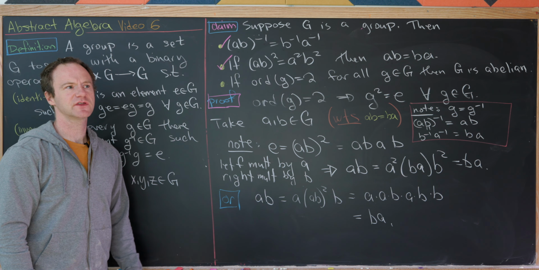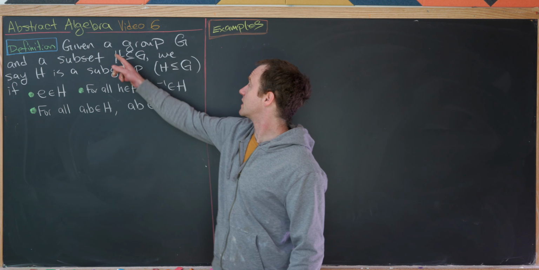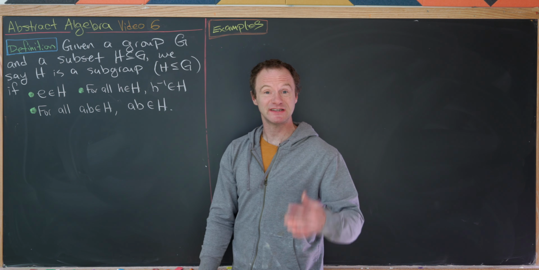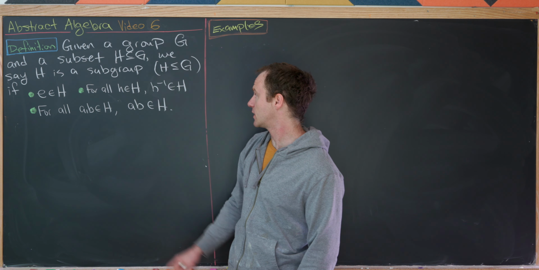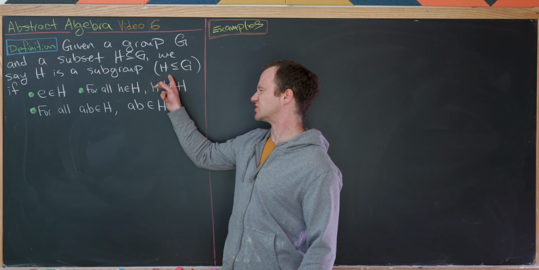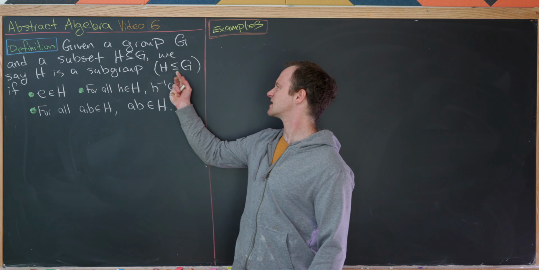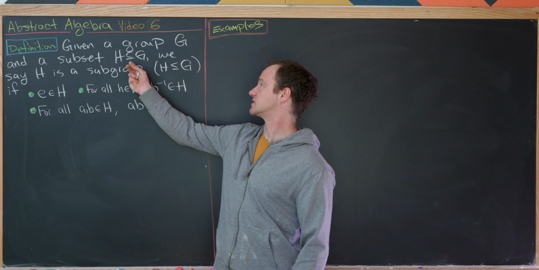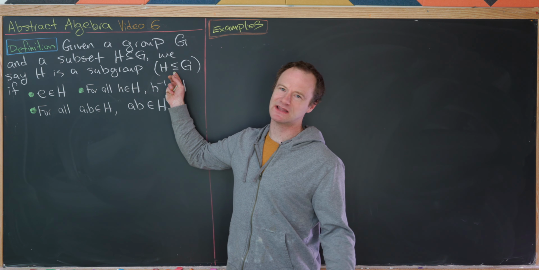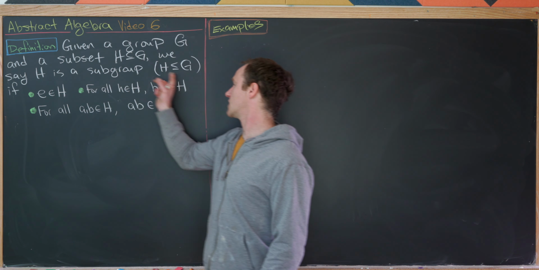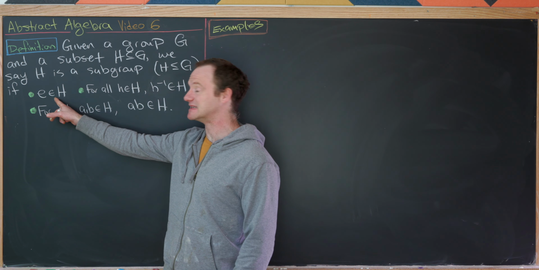Okay, so now let's look at the notion of a subgroup. So given a group G and a subset H of G, we say that H is a subgroup, and we'll use the following notation. I would read this as H is a subgroup of G, but this is like an angular set inclusion, or like a less than or equal to sign. Okay, so back to it. H is a subgroup of G if it contains the identity.